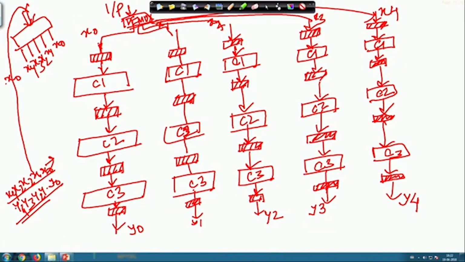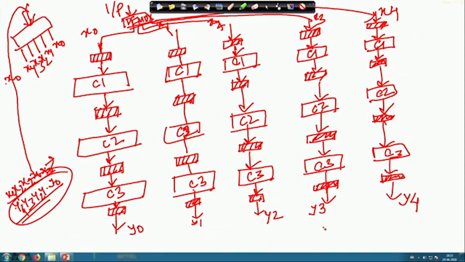And in the opposite manner, here I am producing y0, y1, y2, y3, y4 in parallel, but I need the output in a serial manner. So, in this case, what circuit do I require? A parallel to serial converter.